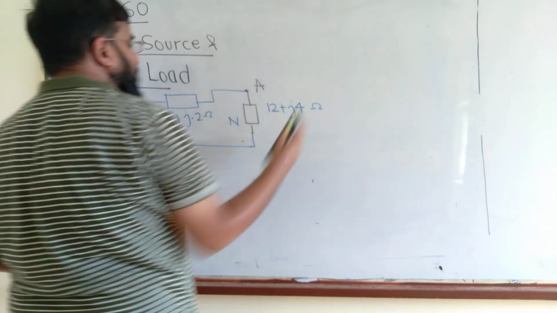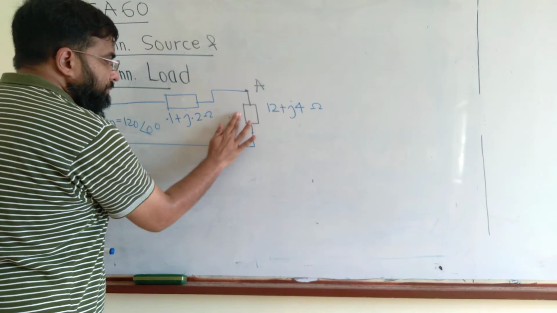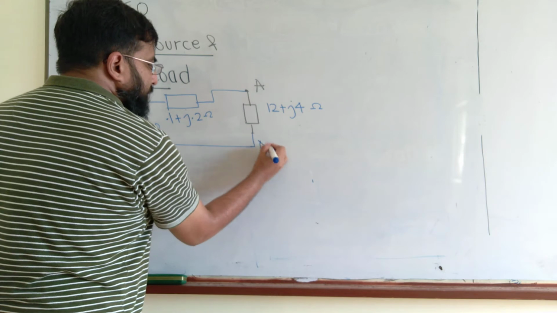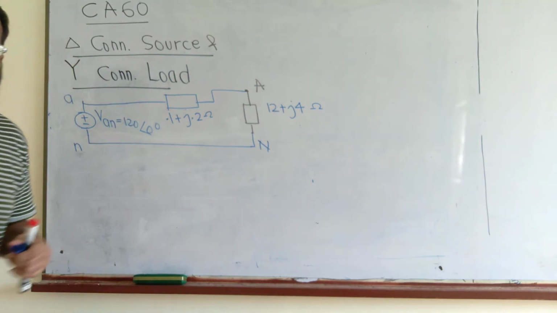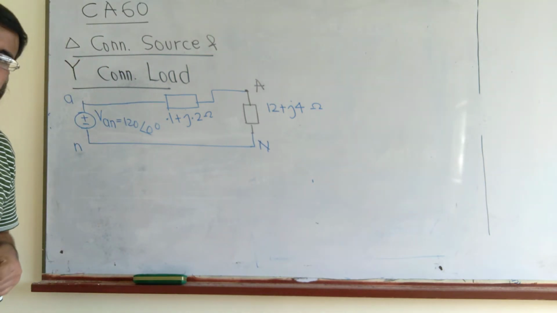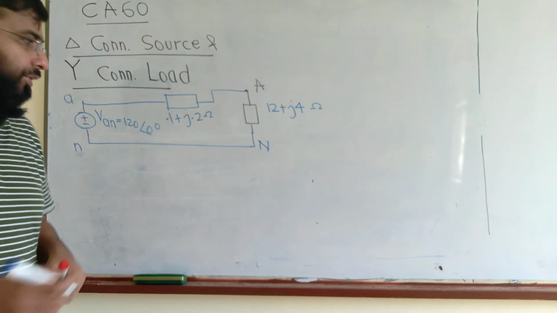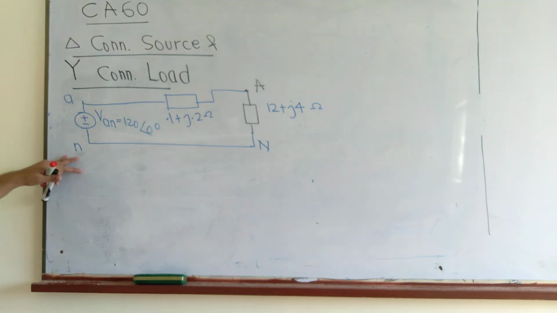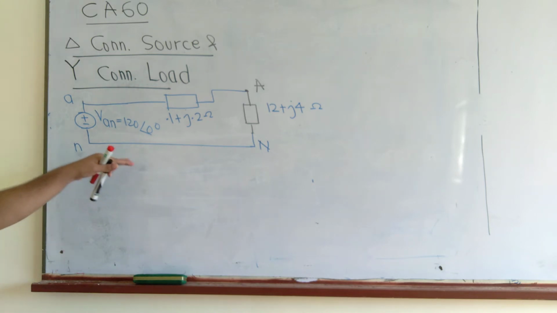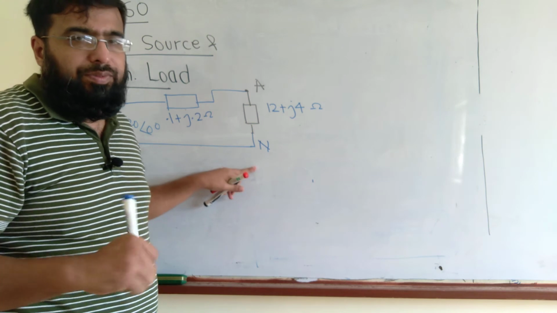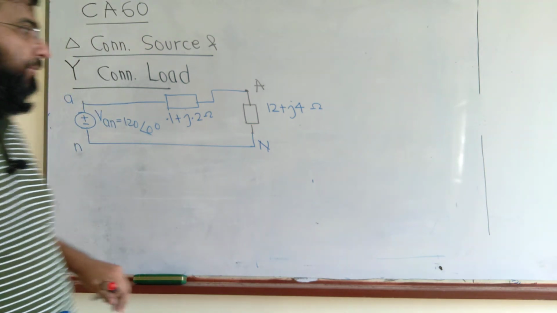Once we find this phase voltage VAN, we can multiply it by square root of 3 and lead it by an angle of 30 degrees to make it the line voltage. The circuit is now very simple, and we should find this phase voltage, which we will then convert into the line voltage.